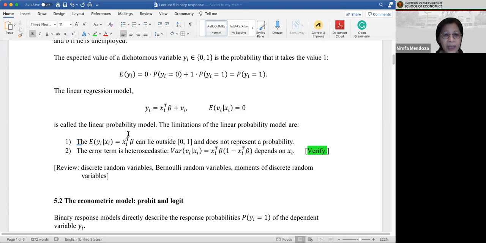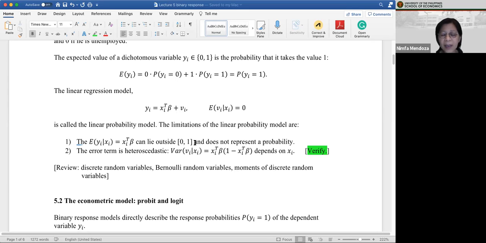So we're left with the term x sub i transpose beta. Now note that your observed values are 0 and 1, but the expected value, x sub i transpose beta, can lie outside 0, 1.